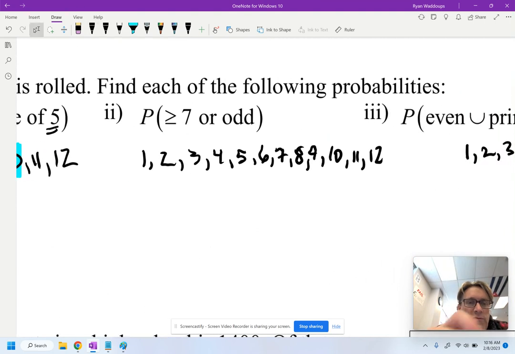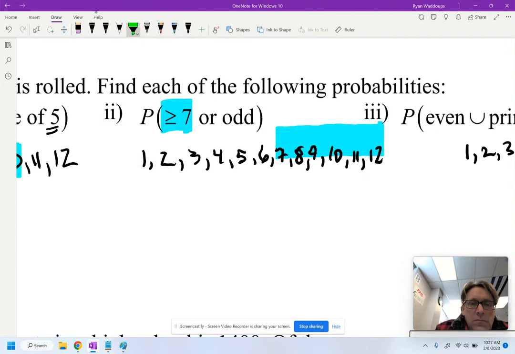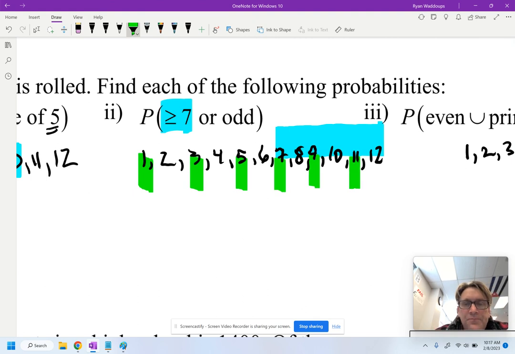If we look at the probability of greater than or equal to 7, greater than or equal to 7 would be those numbers there, or odd. And so odd numbers would be 1, 3, 5, 7, 9, and 11.